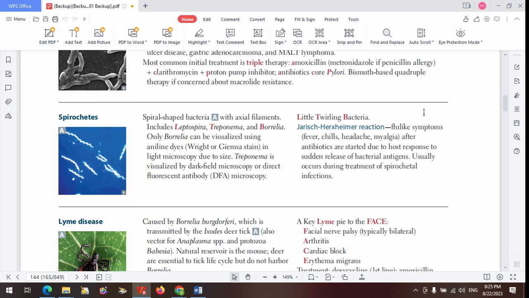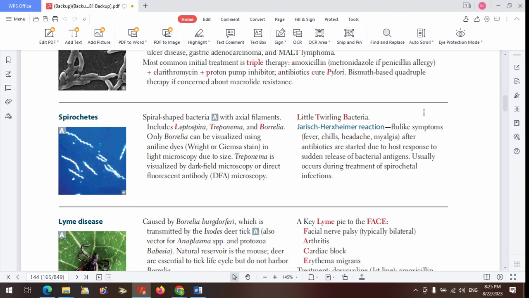We know these are constitutional flu-like symptoms that are due to the dissolution of the organisms from the antibiotic and immune response to those antigenic proteins that are released from those bacterial molecules that have been broken down.